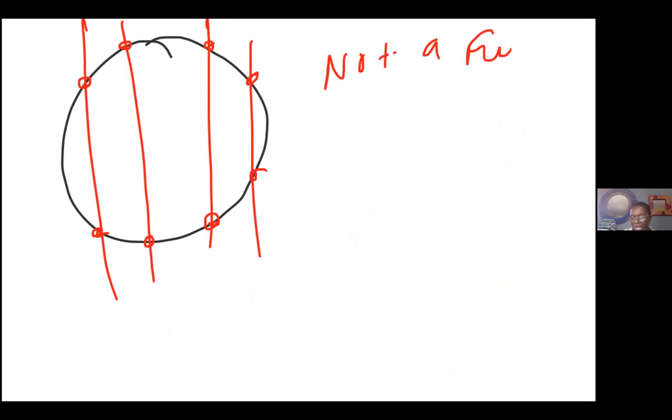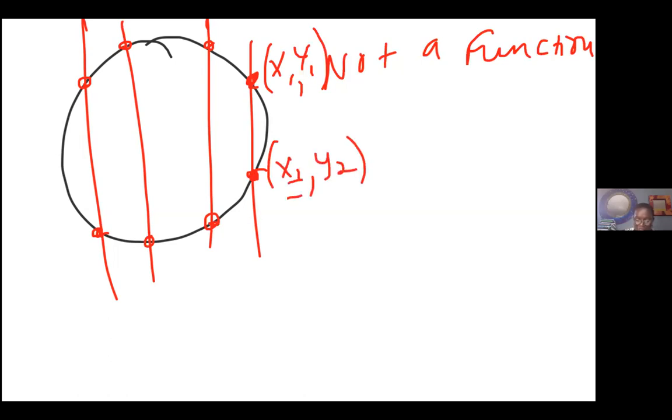Now, guys, think about it this way. If I were to select a point down here and a point up here, because it's on the same vertical line, they would both have the same x value. So maybe this one is at x1 comma y1, and this one down here is at x1 comma y2. So what is happening? They're sharing the same x value, so the x's are repeating, so therefore it's not a function.